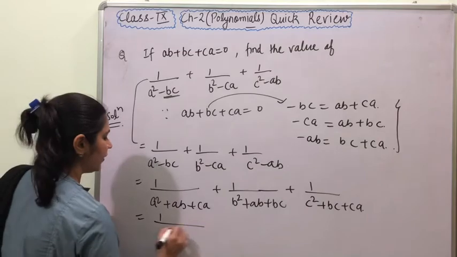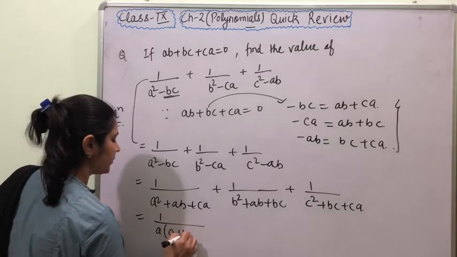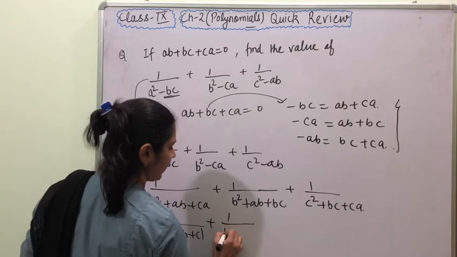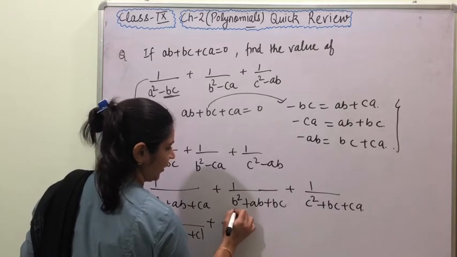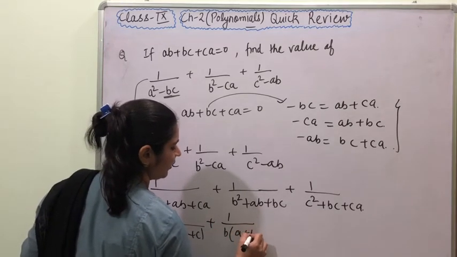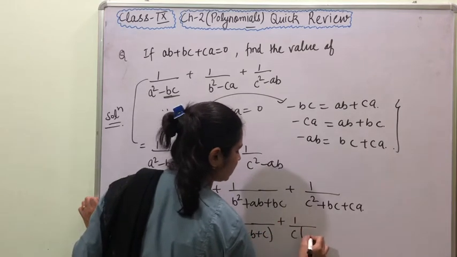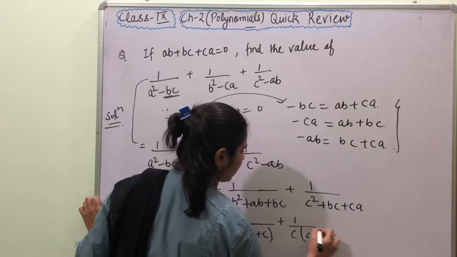We take a common out, a plus b plus c. From the second term, b common out, b plus a plus c, or simply a plus b plus c again. Here 1 by c, a plus b plus c again.